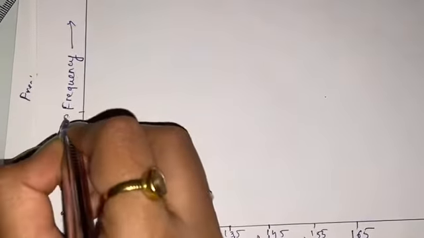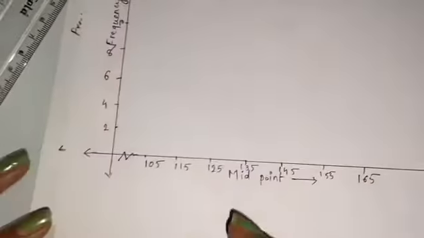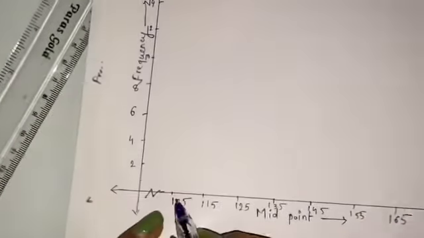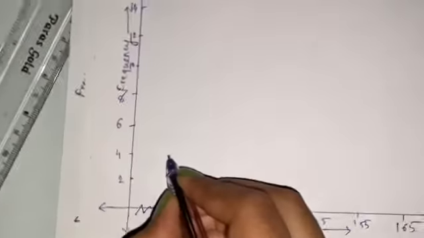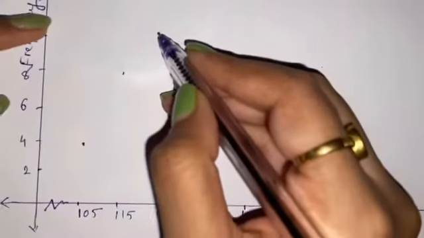6, 8, this will be 10, 12, 14, 16, as the maximum is 15. So at 105 we have 4, so I will mark it first. At 115 I will have 8, then at 125 I will have 11, so somewhere here.